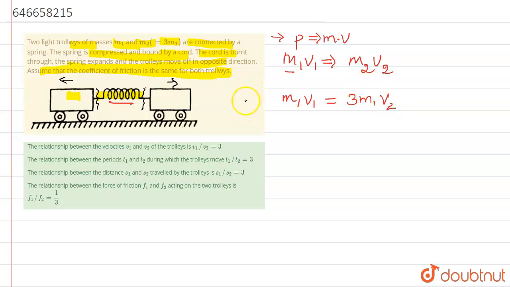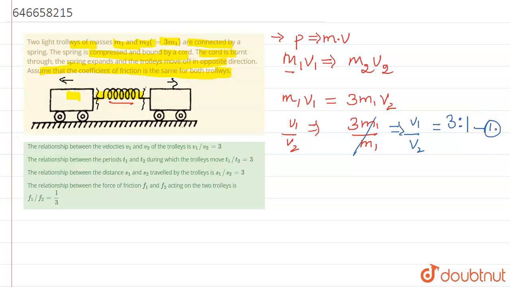Putting the values, you will get the ratio of v1 and v2. So v1 by v2 is 3m1 upon m1, which cancels out. You will get the ratio of velocities v1 to v2 as 3 to 1. This is our equation number 1.